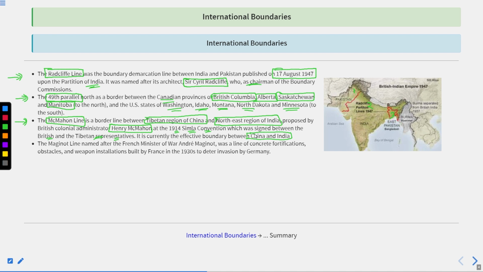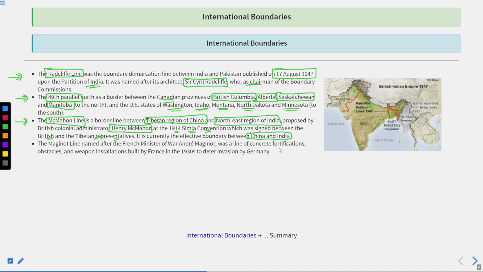So what happened? Actually, the boundary line between India and Tibet was not defined. Because of this, many territories of Tibet and many territories of India got intermixed, and that became the bone of contention between the two, British India as well as Tibet.